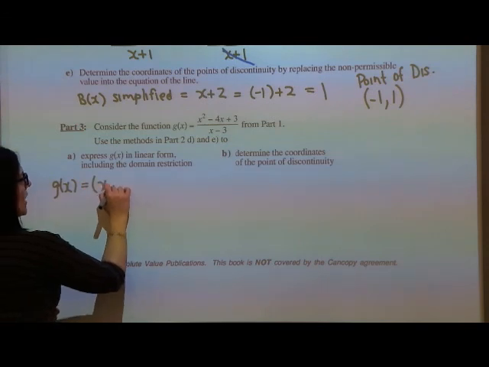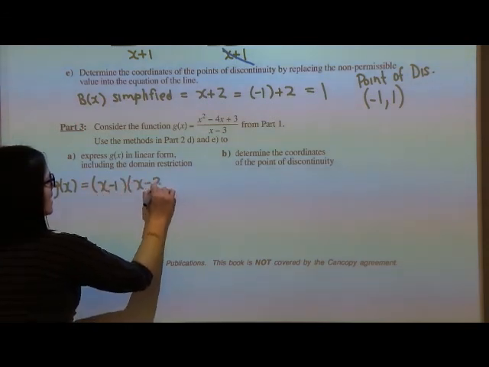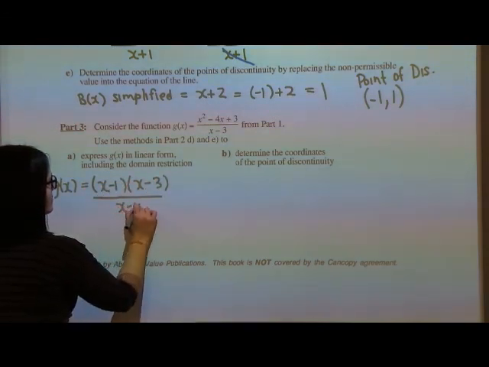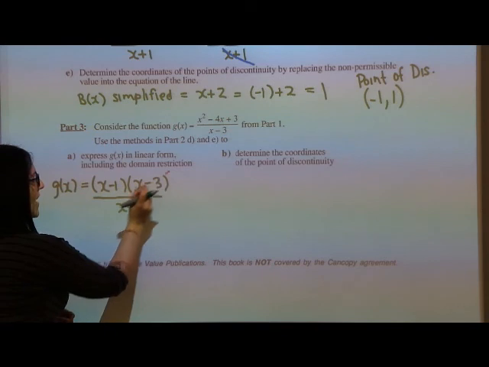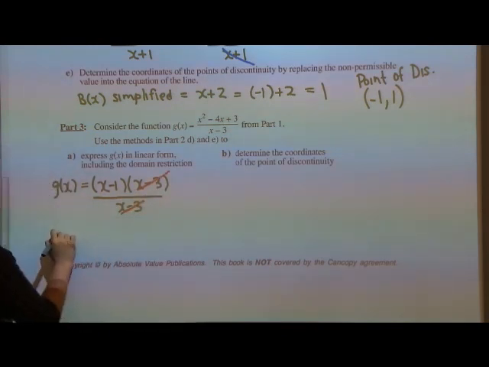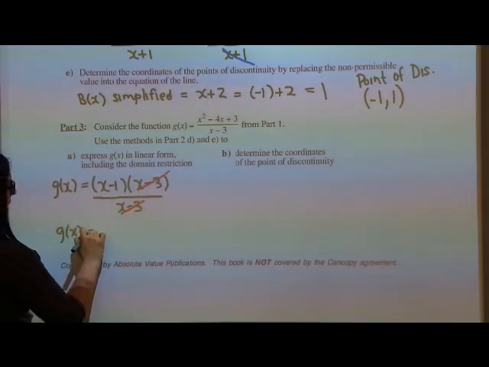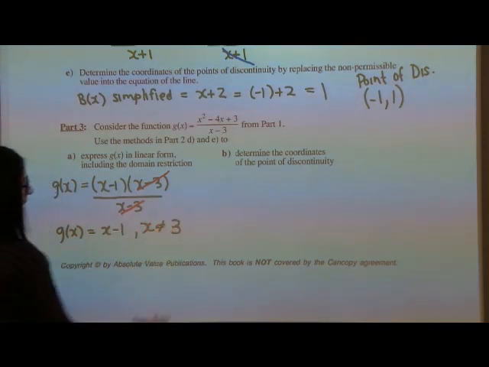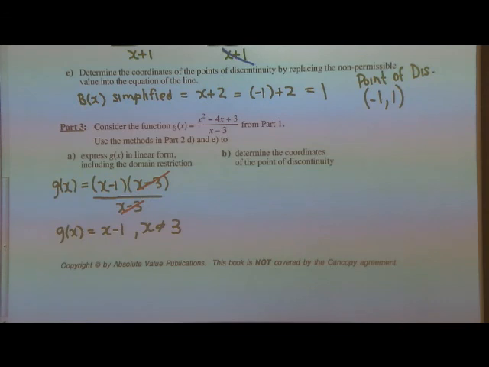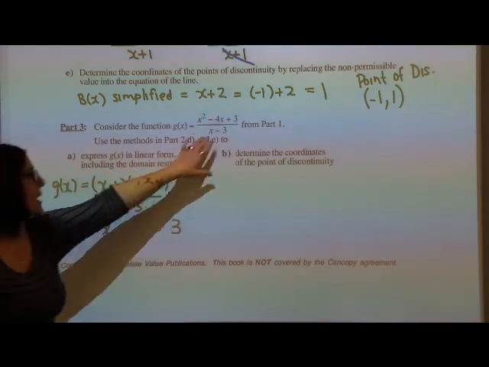So negative 1, so x minus 1 and x minus 3. What factors do I have in common? So I could cancel those factors out. So g of x simplifies to x minus 1. However, x cannot be equal to 3, because when x equals 3, in the original equation, I get a 0.